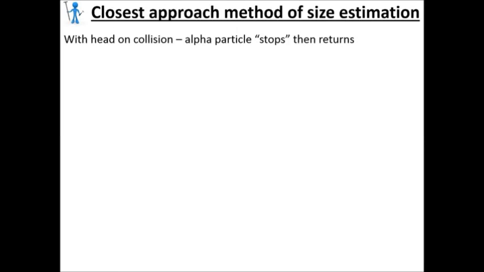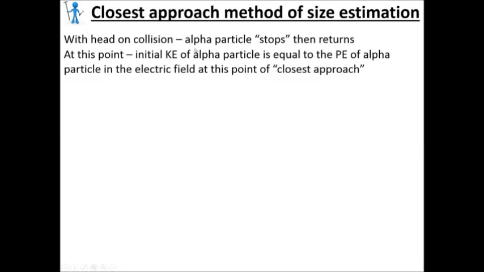Okay, so we're going to use the results of the experiment to consider a similar experiment. I think we're going to look at aluminium in this example, and consider if the alpha particle has a head-on collision, or a head-on rebound, from the nucleus. So it's going to go up to the nucleus, stop, and then return. Now we know at this point the initial kinetic energy of the alpha particle is going to be equal to the electrical potential energy of the alpha particle at that point in the electric field.